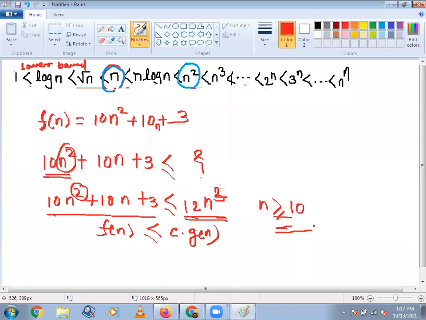Suppose you have taken n raised to 4, it is also true. But we are taking the smallest which is applicable. So in this example, n square acts as an upper bound.